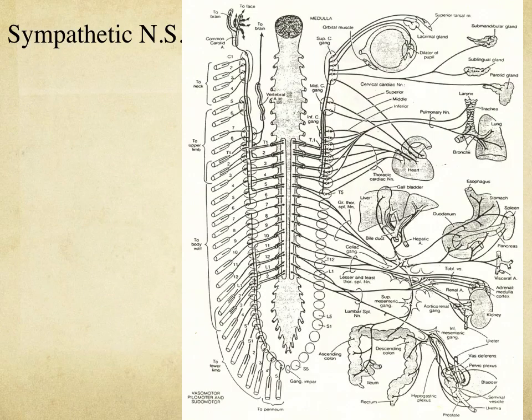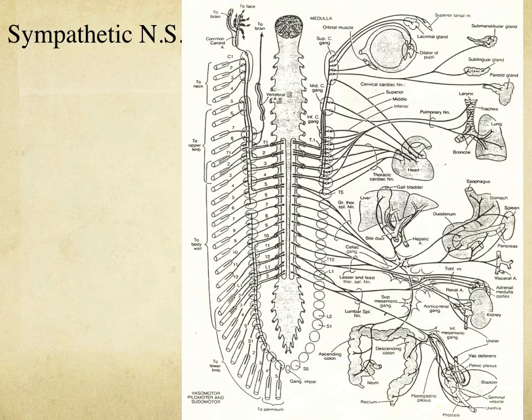So just like with the parasympathetic, take a look at the pathway as it comes out. So notice that we have the celiac ganglions heading out, where we're heading to the eye, to the lacrimal gland. We have the cardiac ganglions heading out to the heart. We have the pulmonary ganglions heading out to the trachea and the bronchioles.